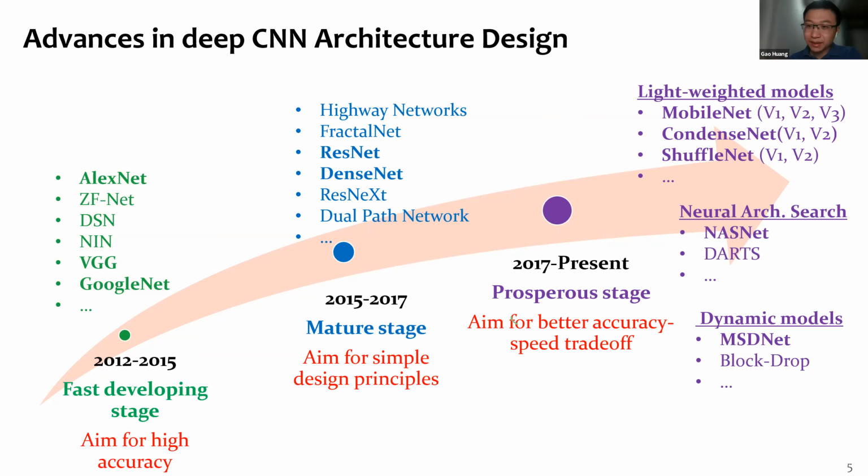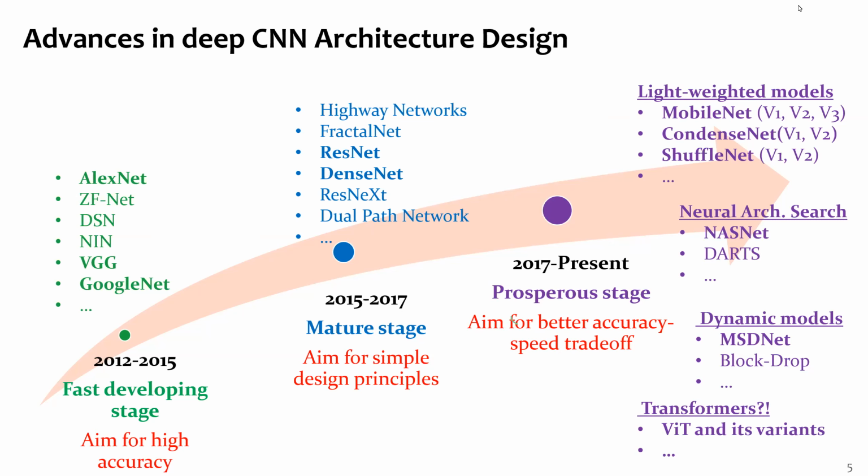And by the way, there's also a trend recently that transformers are getting very popular. And actually, transformers are a specific type of dynamic model because the parameters are dynamic. I will talk a little bit on this topic, but the focus of this talk will be dynamic neural networks. Okay.